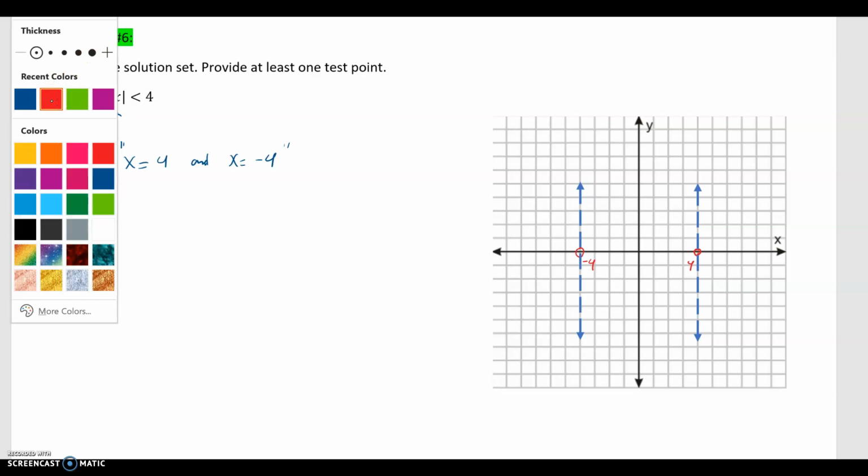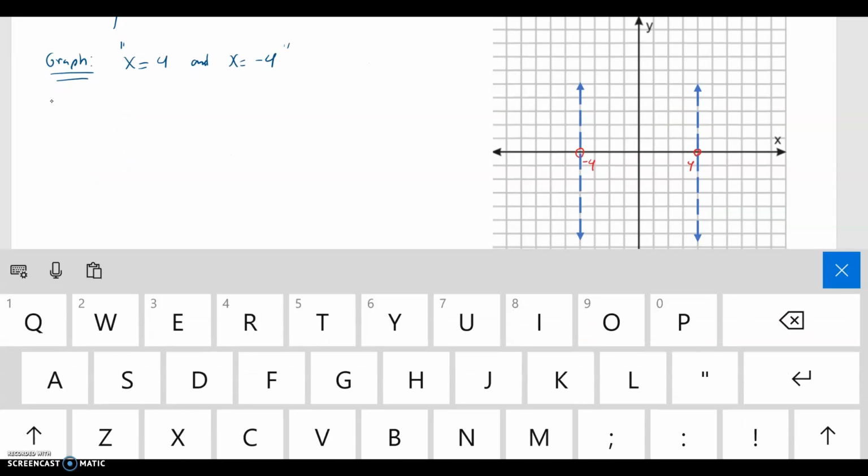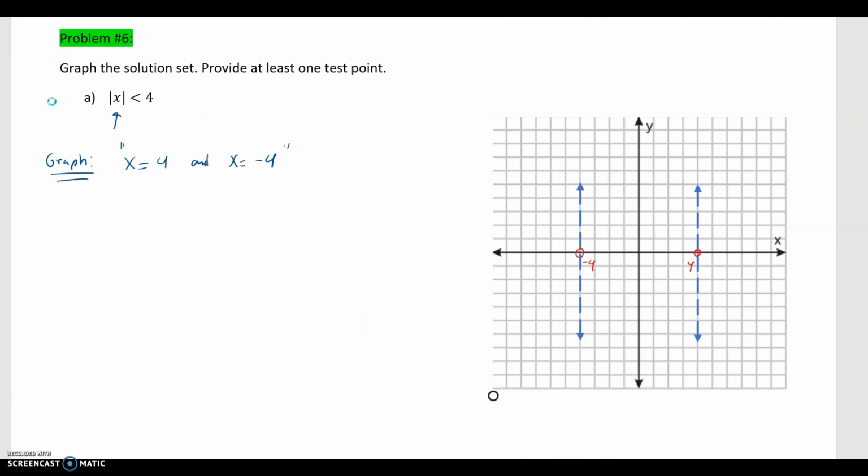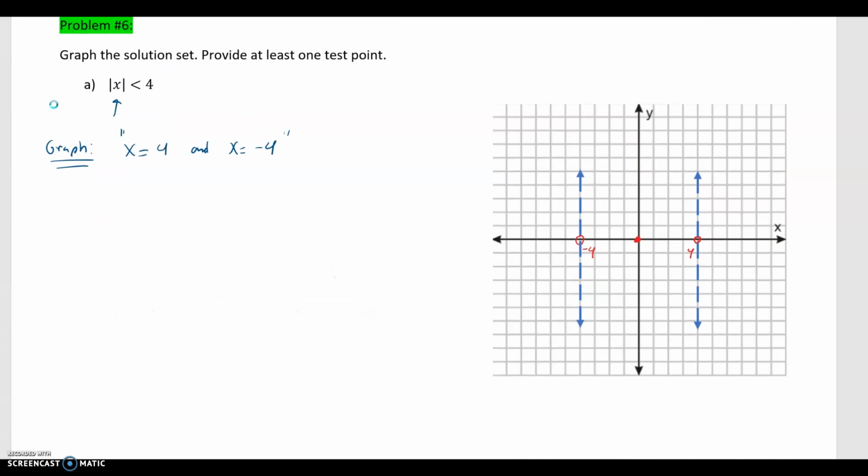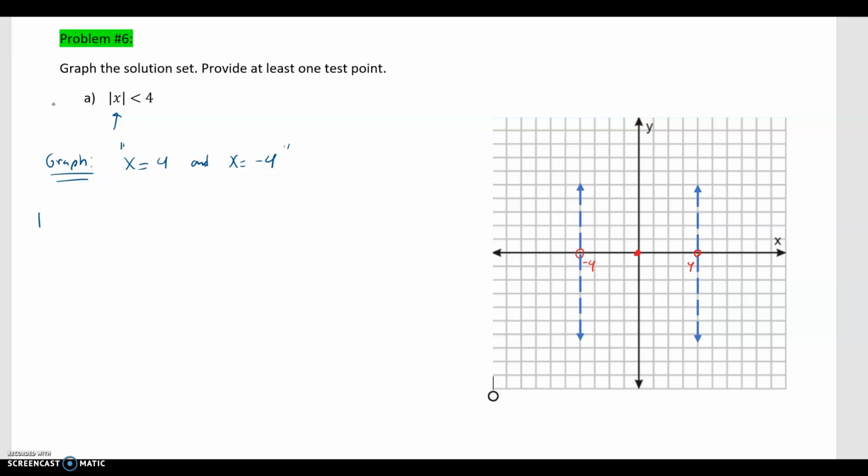And in this case, let me just select the origin because it'll be easier to evaluate. So for this one, our test point is going to be x and y, which is equal to 0, 0.